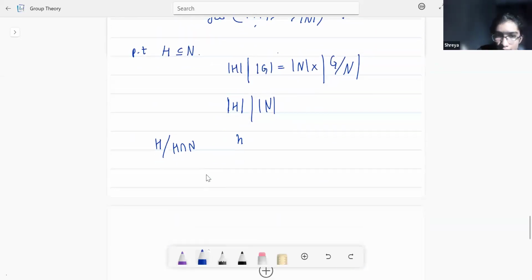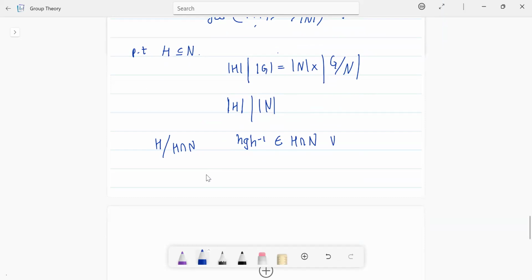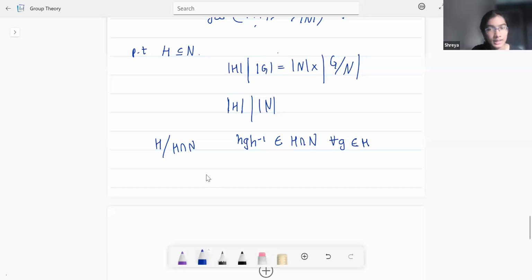We'll show that if you take an element of H cap N, say g, and conjugate it by an element of H, then it belongs to H cap N. This is all we need to show. We know this belongs to H. We just have to show that it belongs to N as well. Exactly. And that is trivial as it happens.